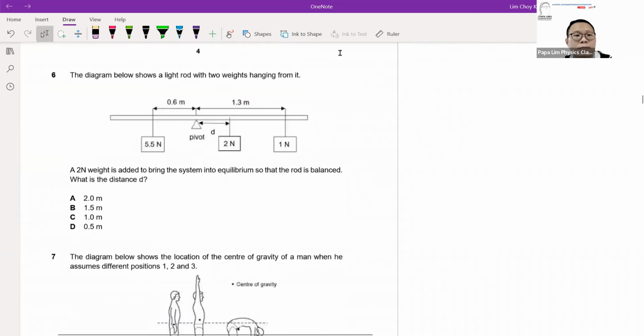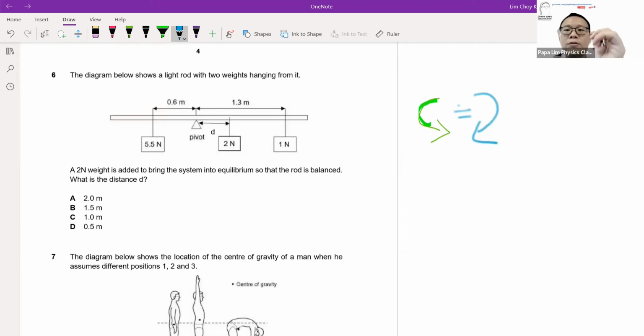Question 6. You look at the moments. There are 3 rods and 3 forces acting on the object. A moment question. When we look at moments by various forces, we use the principle of moments, whereby the anti-clockwise moment is equal to the clockwise moment.